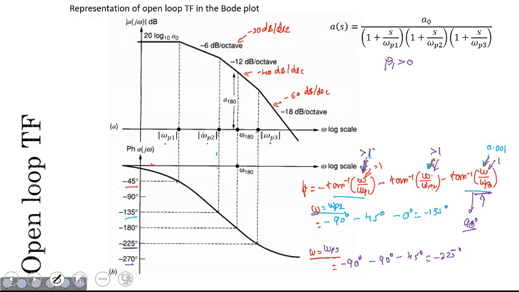So let us assume that beta is slightly greater than 0. According to this, when we put this value into our closed loop transfer function, which is again A of s divided by 1 plus A of s times beta, and when we extract for the signal frequency that is less than omega p1, we can approximate this to be A naught divided by 1 plus A naught times beta.